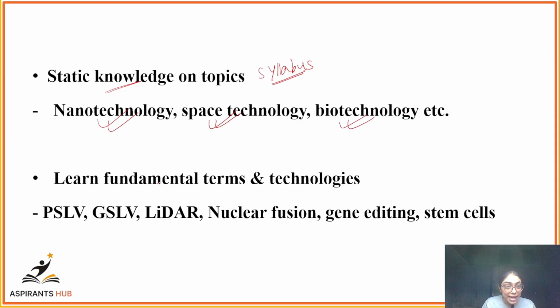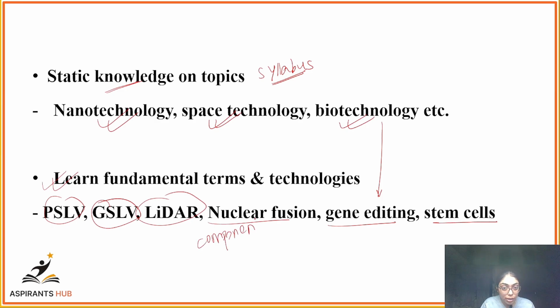Next, please learn fundamental terms and technologies. For example, the PSLV, GSLV, lidar, nuclear fusion, gene editing, stem cells. This is what I already covered in the first part itself. While explaining, I gave you this insight that these are the components of one theme.